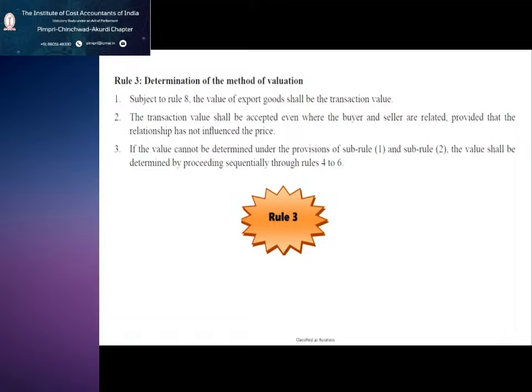So this particular line, para 2: the transaction value shall be accepted even where the buyer and seller are related, provided that the relationship has not influenced the price. So I have my company in US, and 30% or 50%, for example 30% of the shares are held by a company located in Maharashtra.